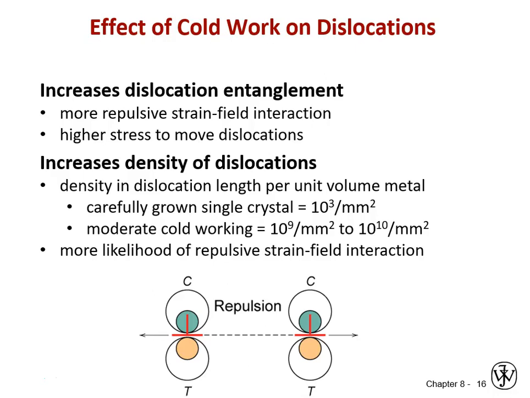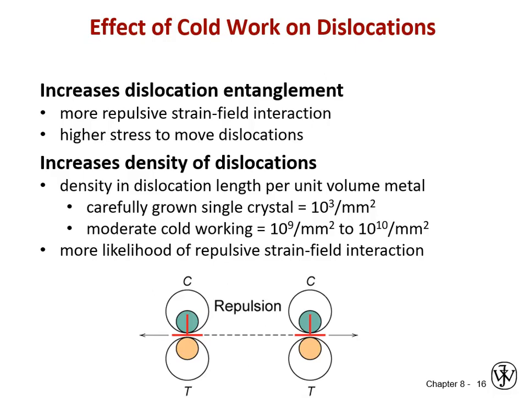So again, we increase the density of dislocations as we increase cold work, and dislocation density is measured in length of dislocations per unit volume of metal. Remembering that these are linear defects, a carefully grown single crystal will have perhaps 10 to the third per square millimeter dislocation length per volume of material.